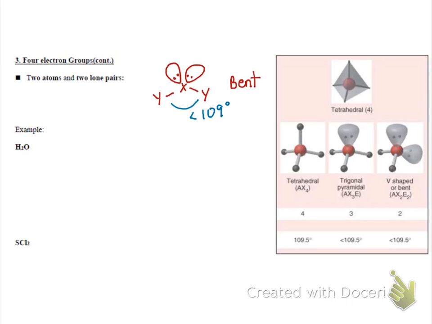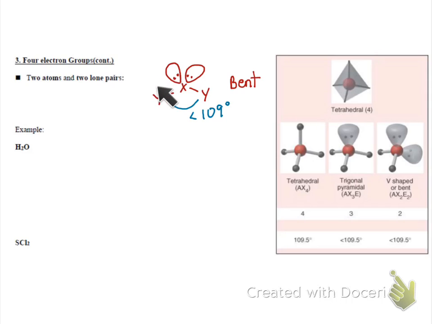The last way that we can put 4 electron groups is 2 atoms, 2 bonds, and 2 lone pairs, and that looks like this. So central atom X has 2 bonds to 2 Ys, and it has 2 lone pairs.